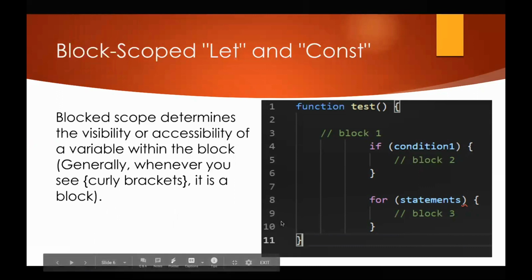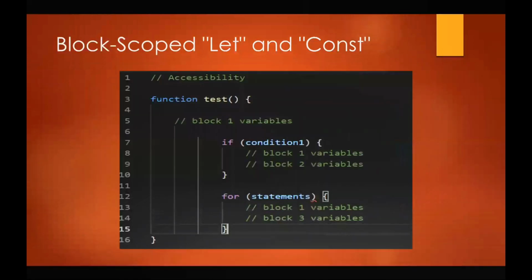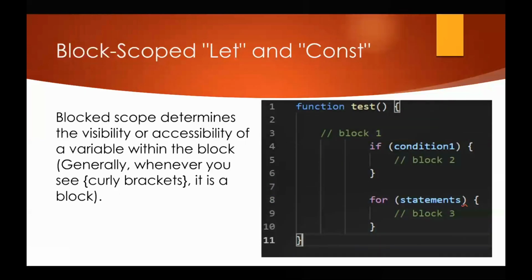From 8 to 10, block 3. So wherever we see curly brackets, that is called a block. Now we came to know what a block is. And block scope, let and const, means let will have block scope and const will also have block scope.